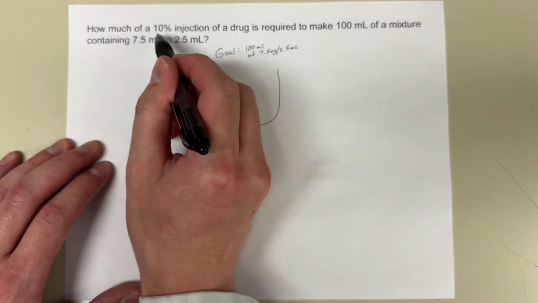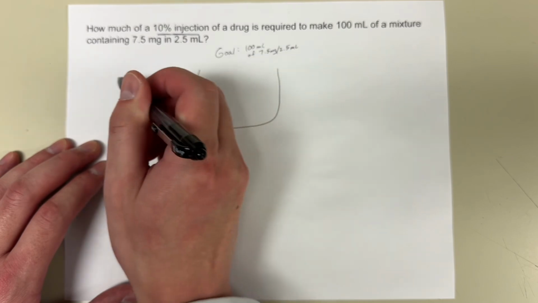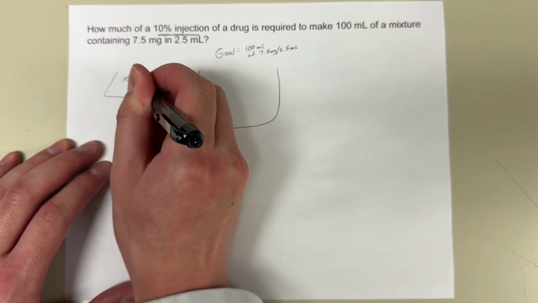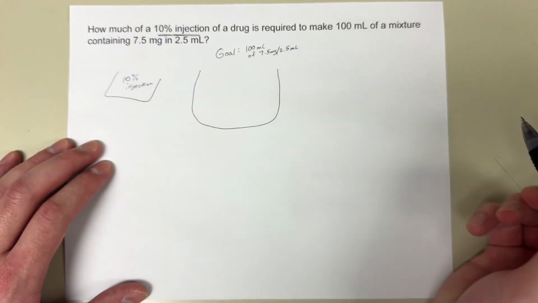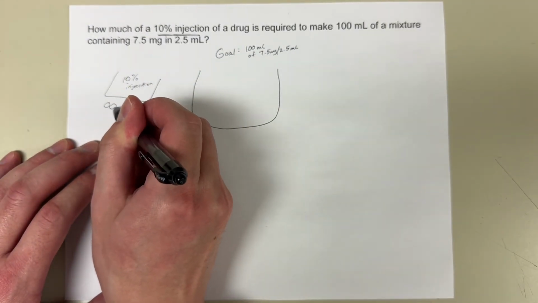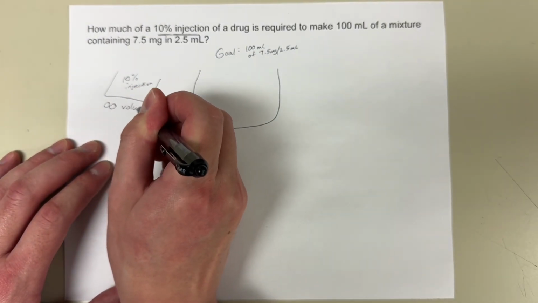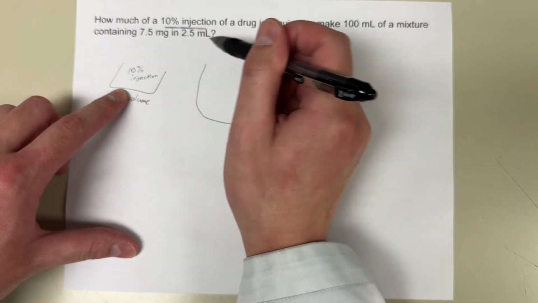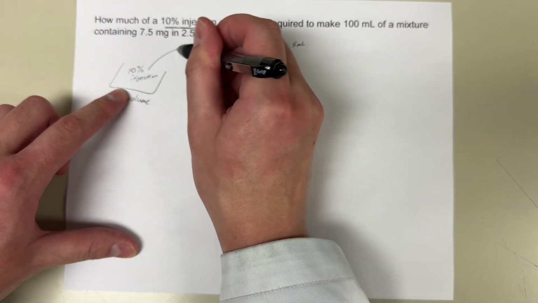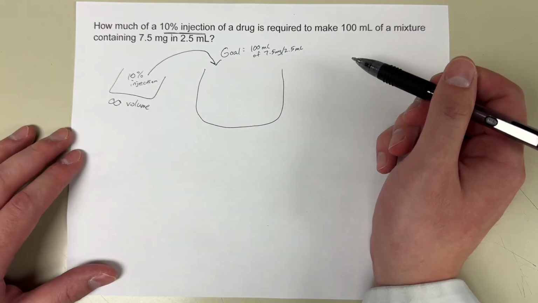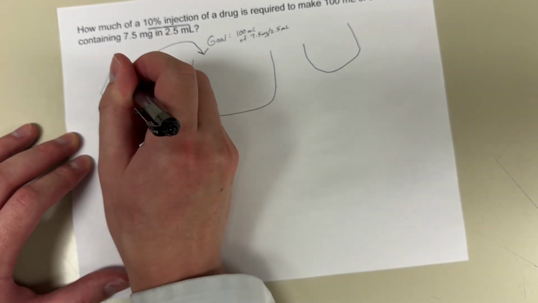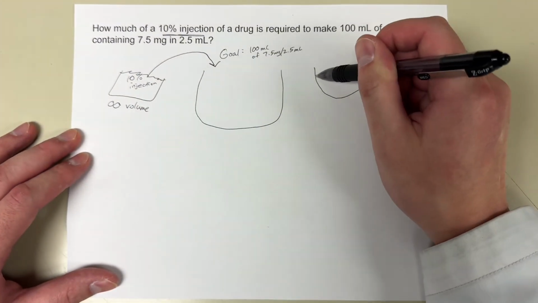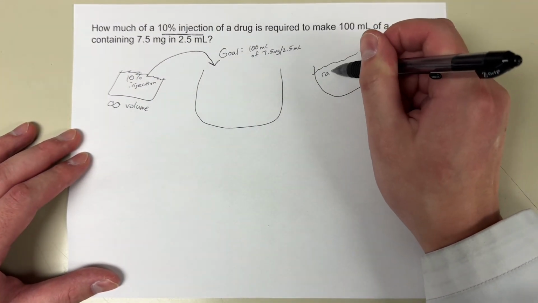So I have this 10% injection drug here. And pretend I have like infinity volume, an infinite amount of this. And then I have to find out how much of this to put in here. And then there's also going to be some random diluent.